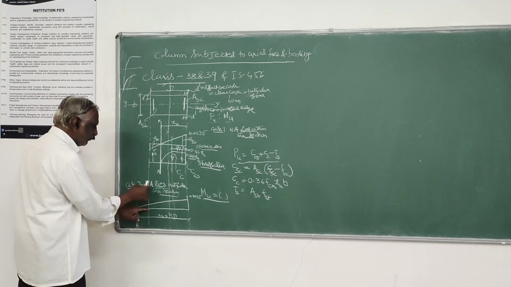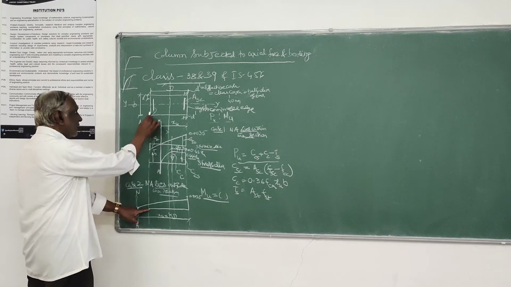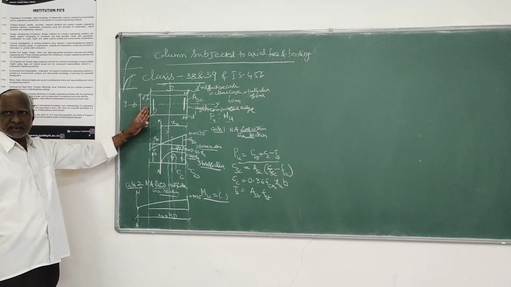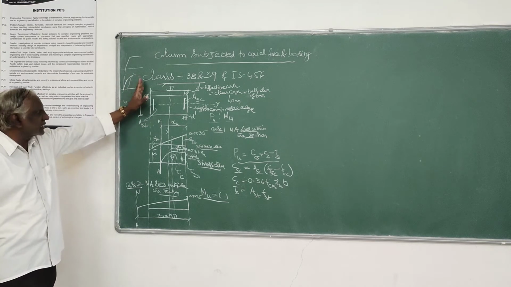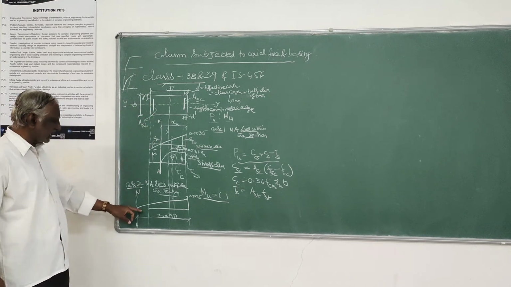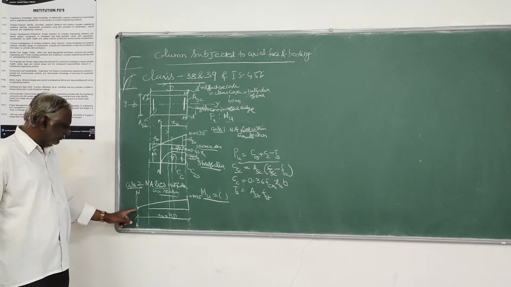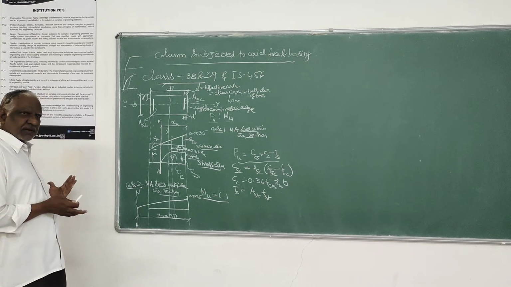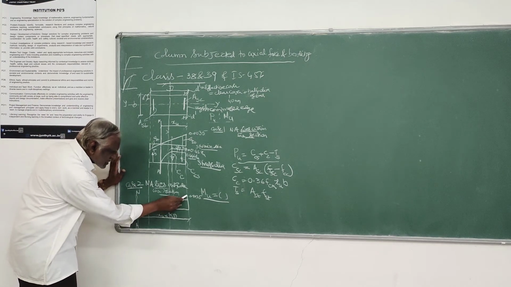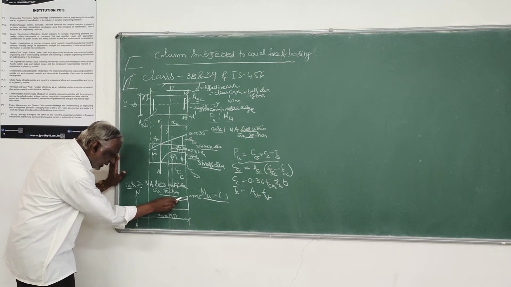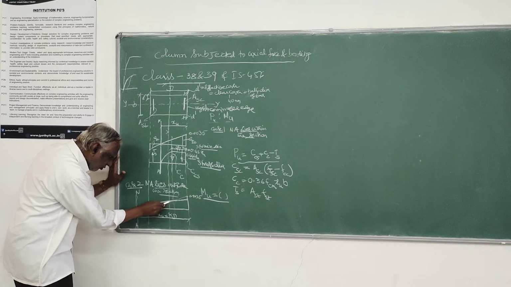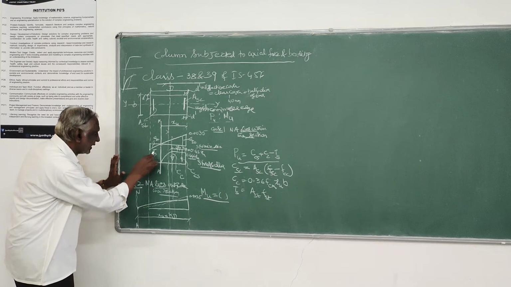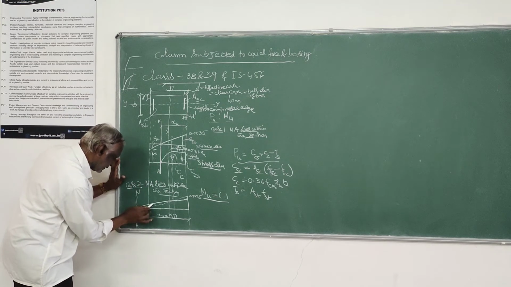The maximum allowed is when the neutral axis coincides with the other edge, that is the highly tensile stress edge. Here I have taken it away from that. Suppose this point is here, that is the optimum one, and then it goes beyond. When it is here, we will assume the strain reaches 0.0035 when it is exactly at this particular edge.